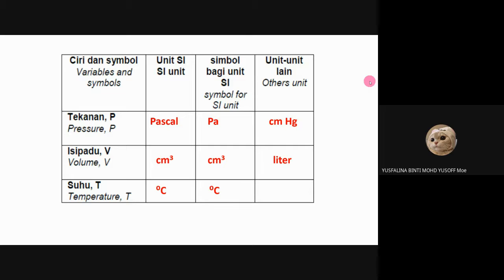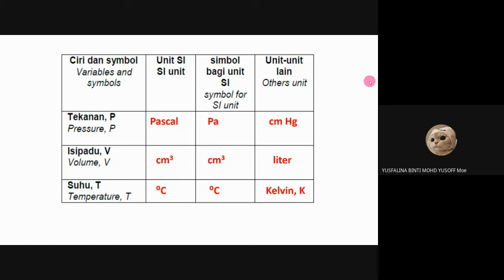But for the gas law, you have to change degree Celsius to Kelvin. You cannot use degree Celsius in the calculation for the gas law. Every time you calculate a value using a gas law formula that involves temperature, you must change degree Celsius to Kelvin.